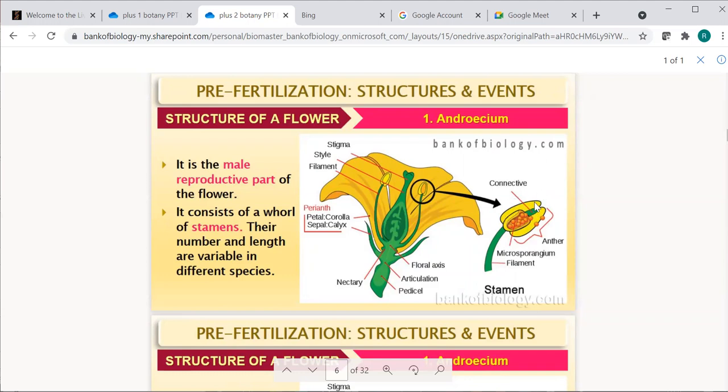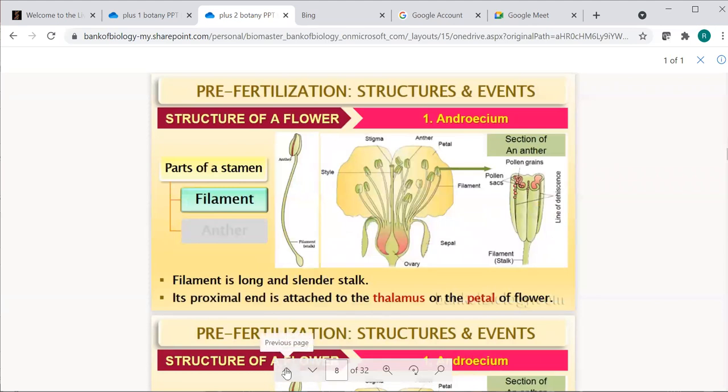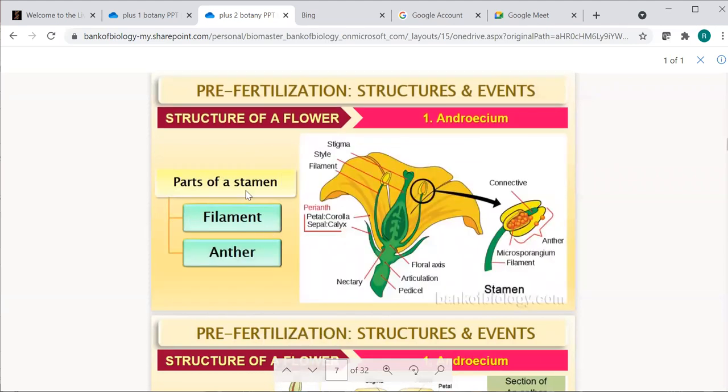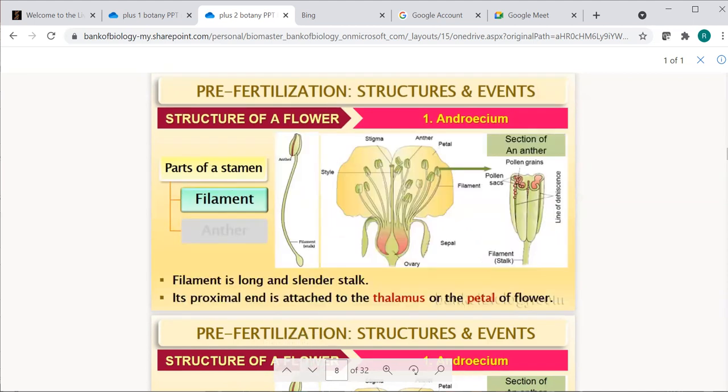Each lobe has two microsporangia. We said stamen parts are filament and anther. Filament is a long, elongated, slender stalk. Its proximal end is attached to the thalamus or the petal of a flower.